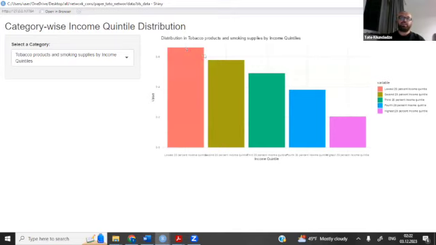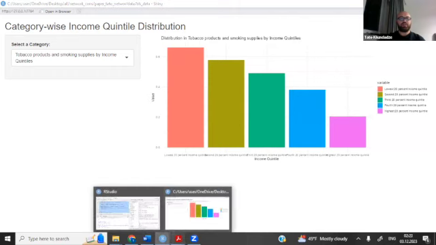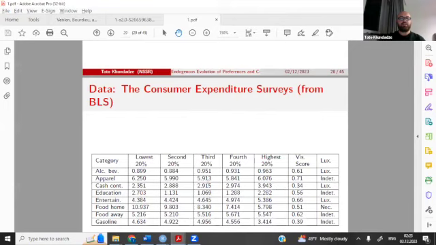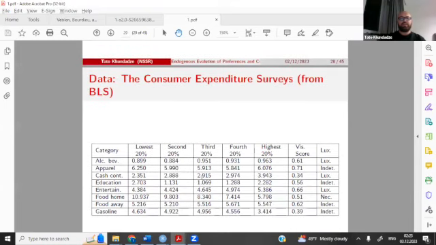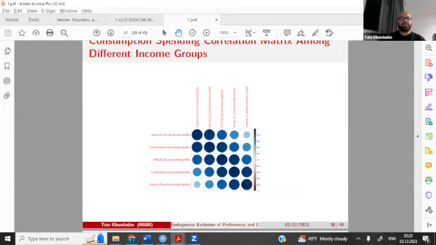We see that as income is increasing, the consumption of tobacco is decreasing. So I use this method for the classification of different goods, whether it's a luxury, indeterminate, or a necessity.